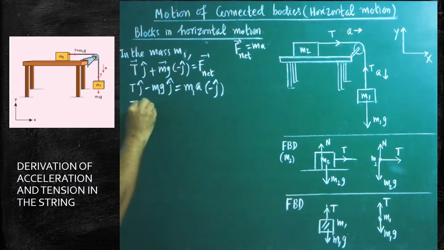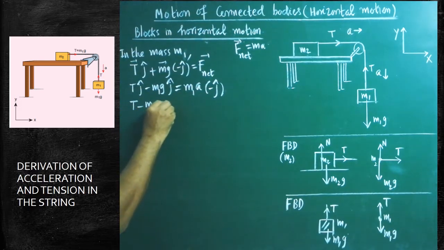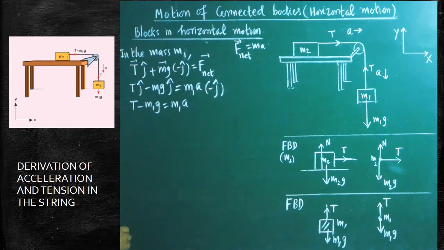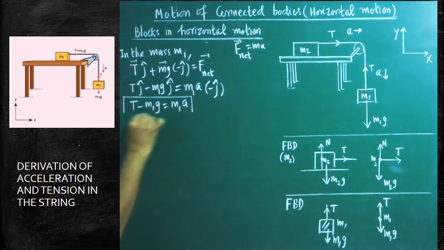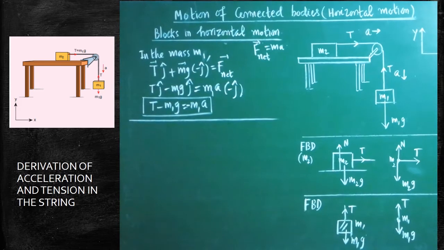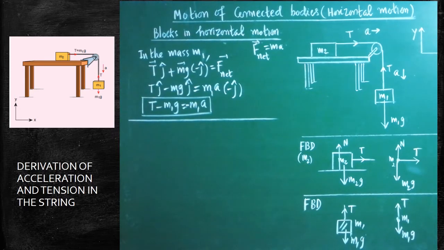T minus M1g is equal to M1a. So, like that we can write. This is the final step of the equation. We will box the equation, and later we are going to use this one.